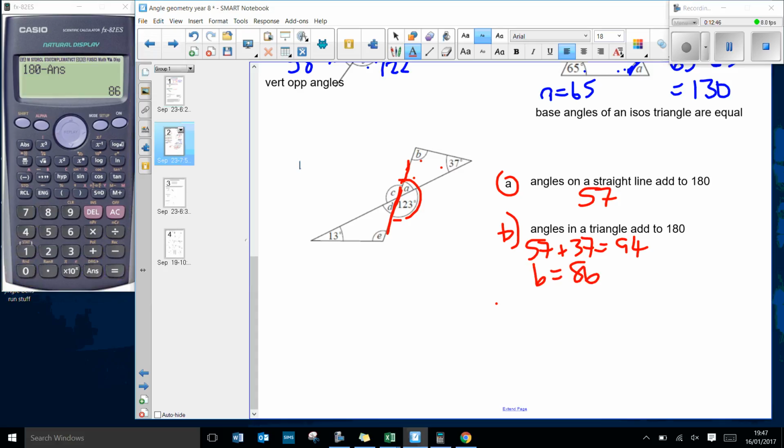Now angle C, where hopefully you can see it is vertically opposite the one they've given us.